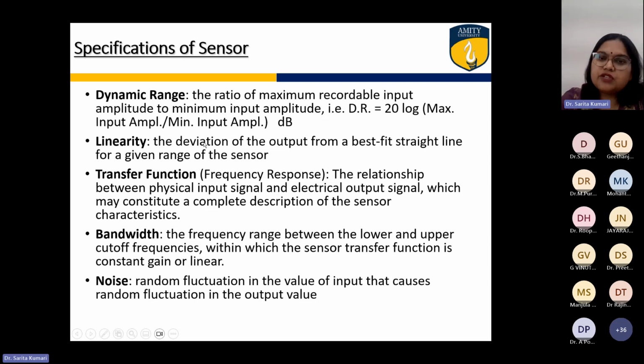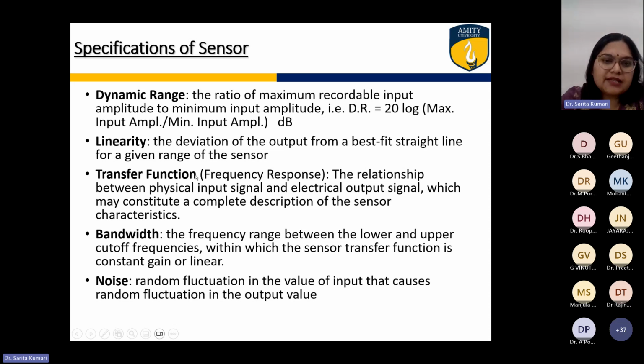The deviation of the output from the best fit straight line for the given range of the sensor is nothing but linearity. Your output should follow the input linearly. Then only I can say the instrument has the linearity property.